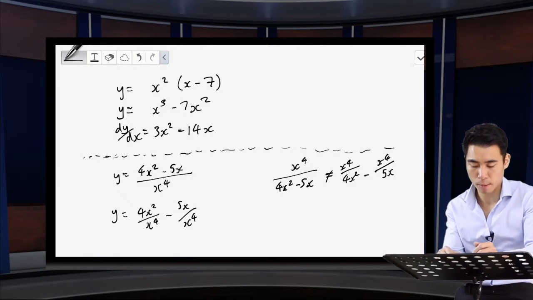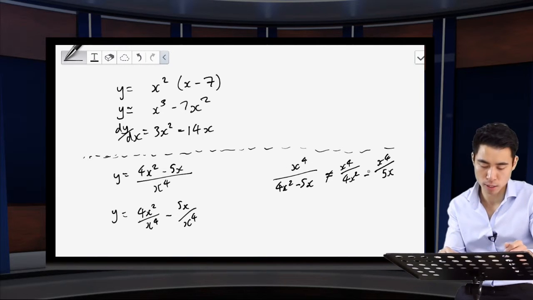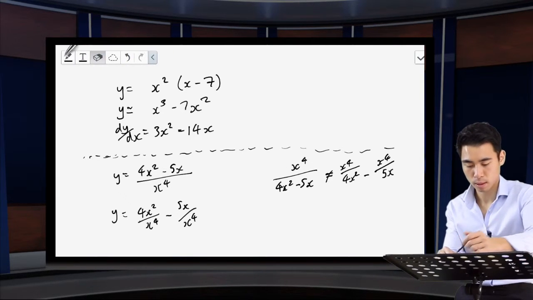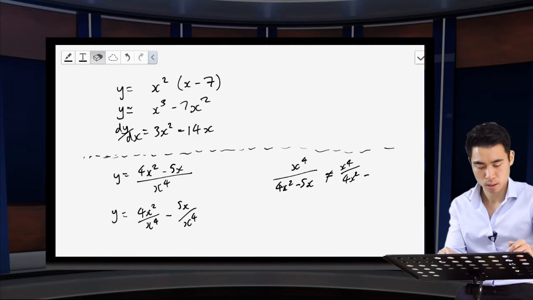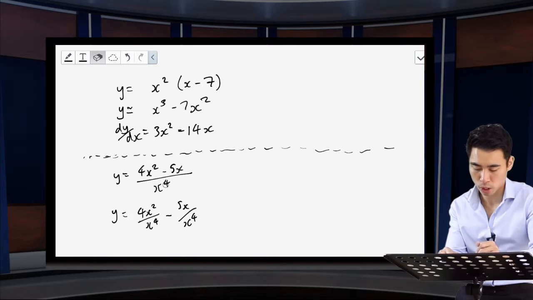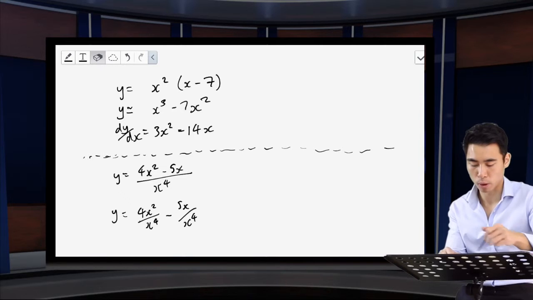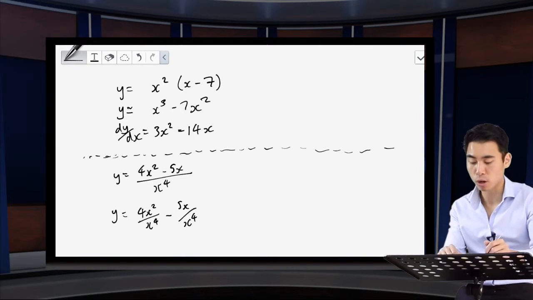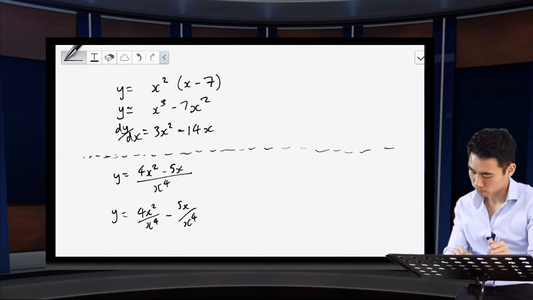So I can split up the numerator, but I cannot split up the denominator like this. In other words, if there are two terms on the top and one term on the bottom, then I can split it up. Whereas if it's flipped over and I have one term on the top and two terms on the bottom, then I cannot split it up in the same way.